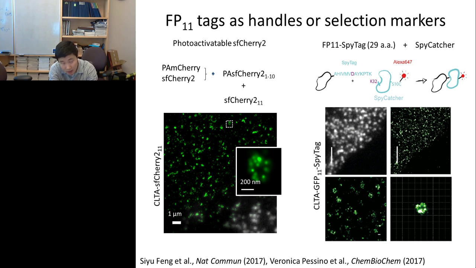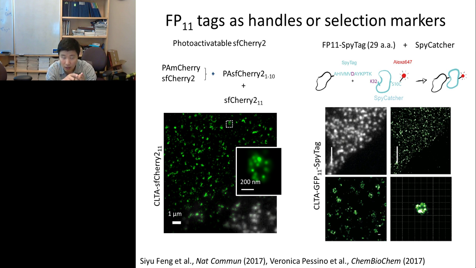Similarly, we can do this with the spike tag, spike catcher. In this case, we used GFP11 fused in tandem with spike tag, which is still small enough to fit in a 200 nucleotide donor DNA. The GFP11 serves as a selection marker, leaving the target protein with a spike tag handle.